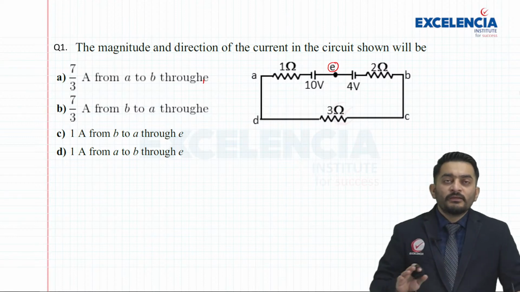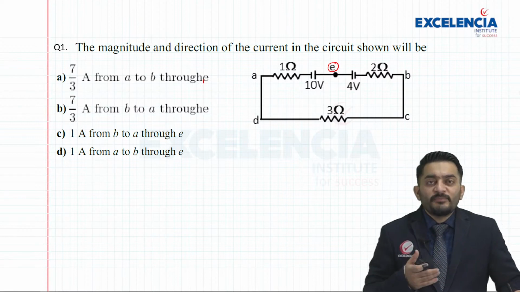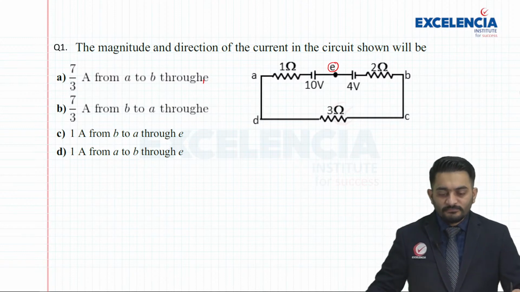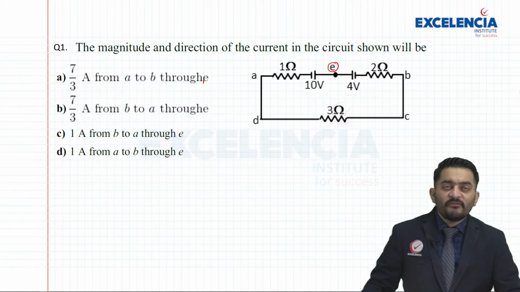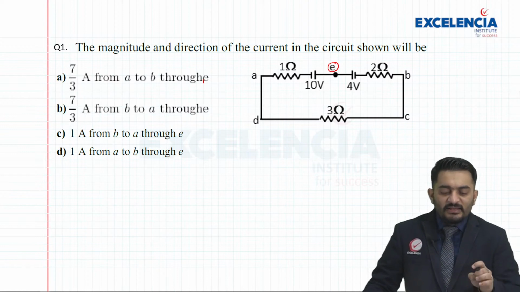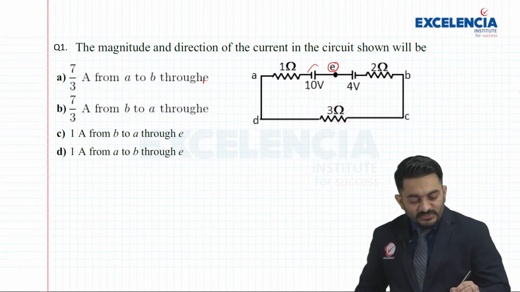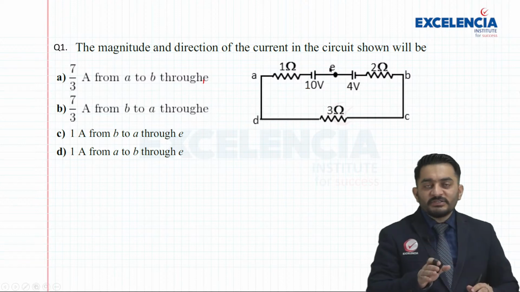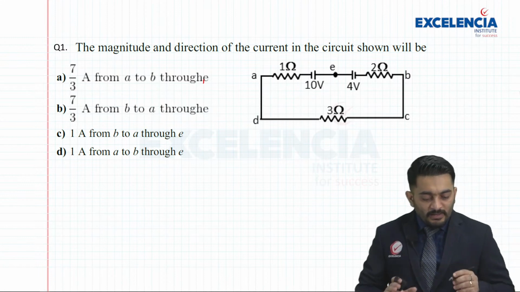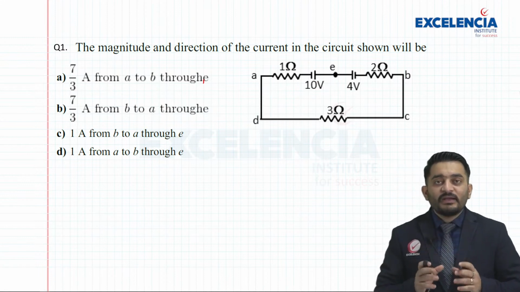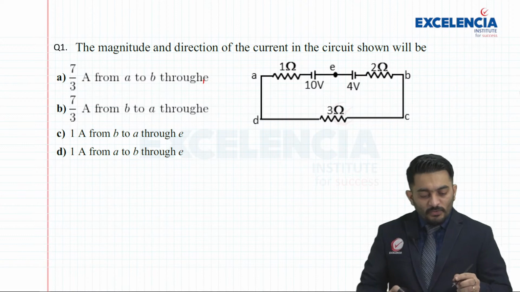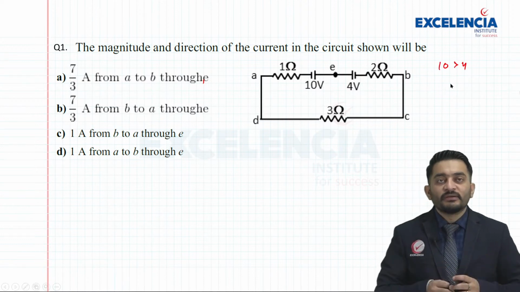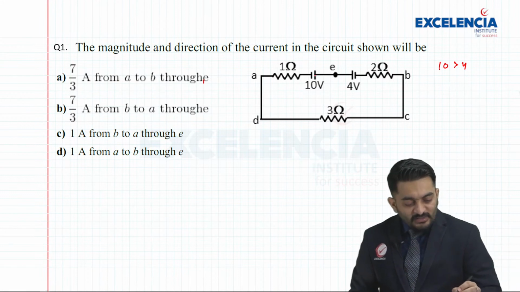The moment you have this question, I don't think there is any problem in concluding what will be the direction of current in this case. You can see in the circuit we have two batteries. One is 10 volt and the other is 4 volt. You have to conclude on the direction, which can be simply concluded by the battery which is bigger in magnitude, which in this case is 10 volt, definitely it's going to dominate.